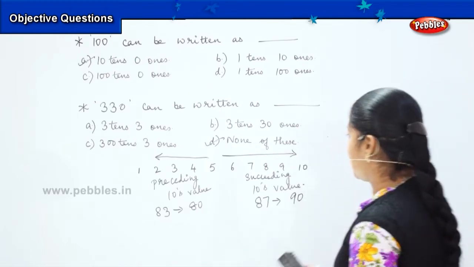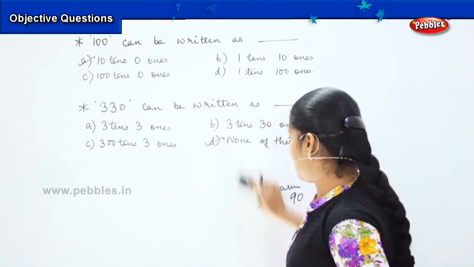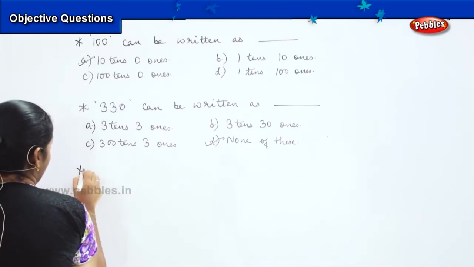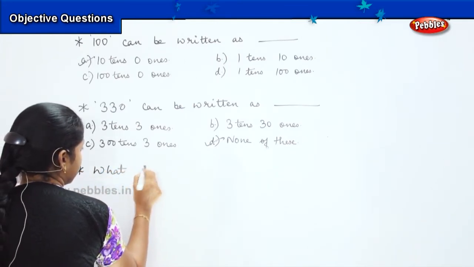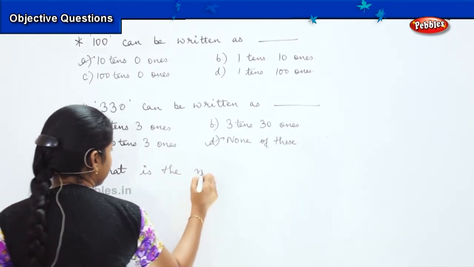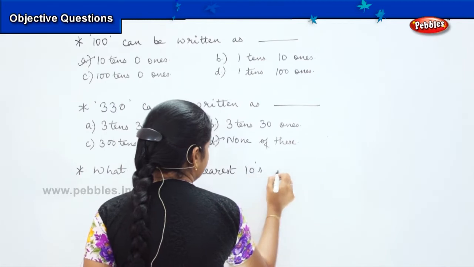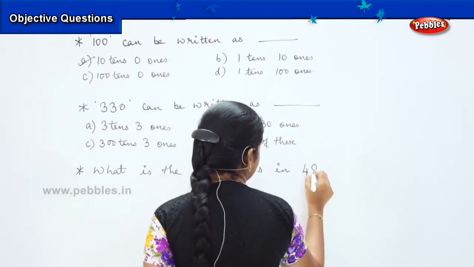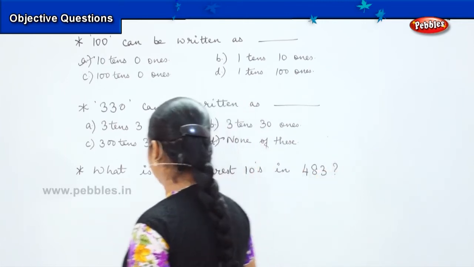Okay. So here comes your next set of questions. Okay. So now you need to tell me what is the nearest tens in 483. Okay.